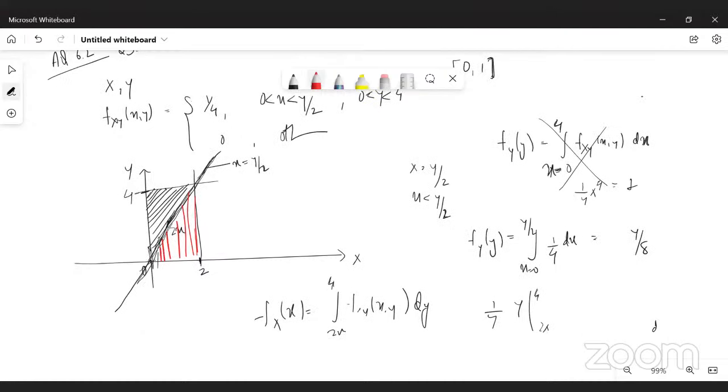So if it was a marginal density of x, then your y is varying from 0 to this 2x, because the lower limit is fixed, that is 0, and maximum it can go till this curve. So that is 2x.